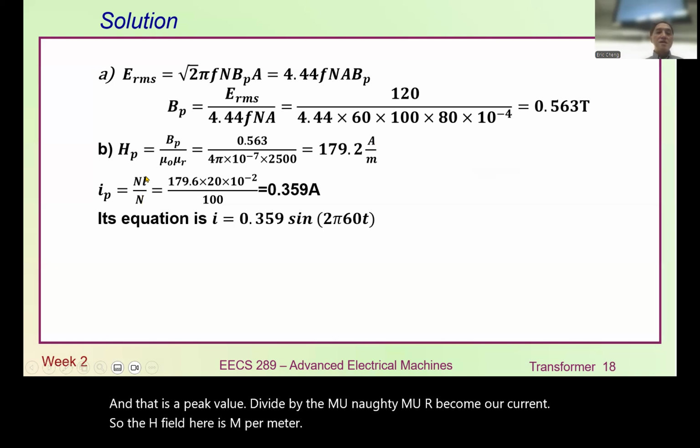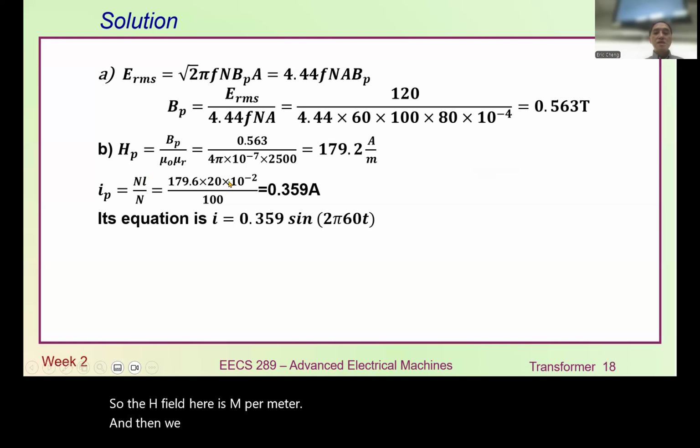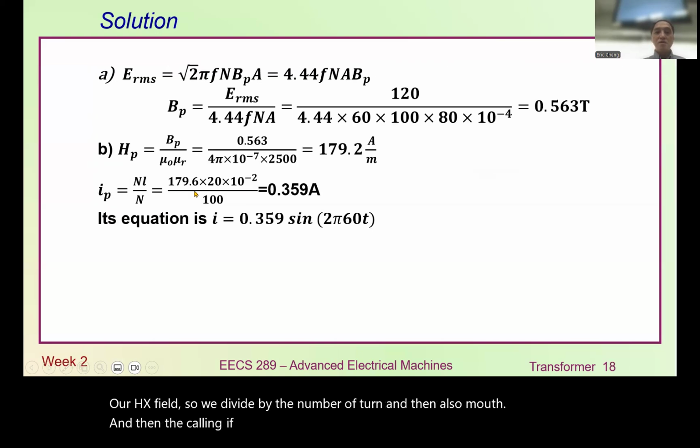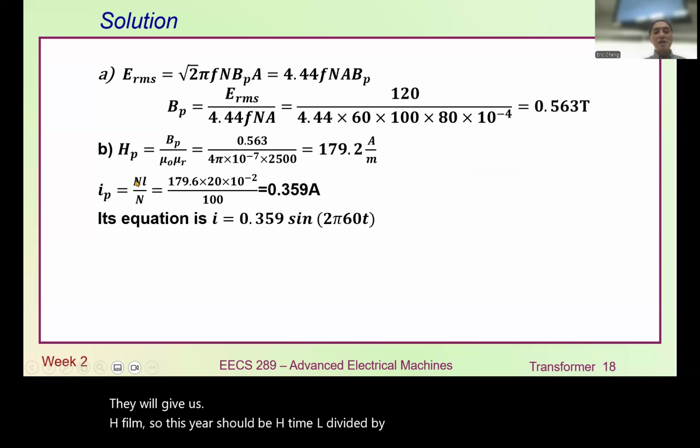And then we multiply by the core length, say 20, and divide by the number of turns, which will give us the current. So here it should be H times L divided by N. I got a typo here. Yeah, that should be H, right?